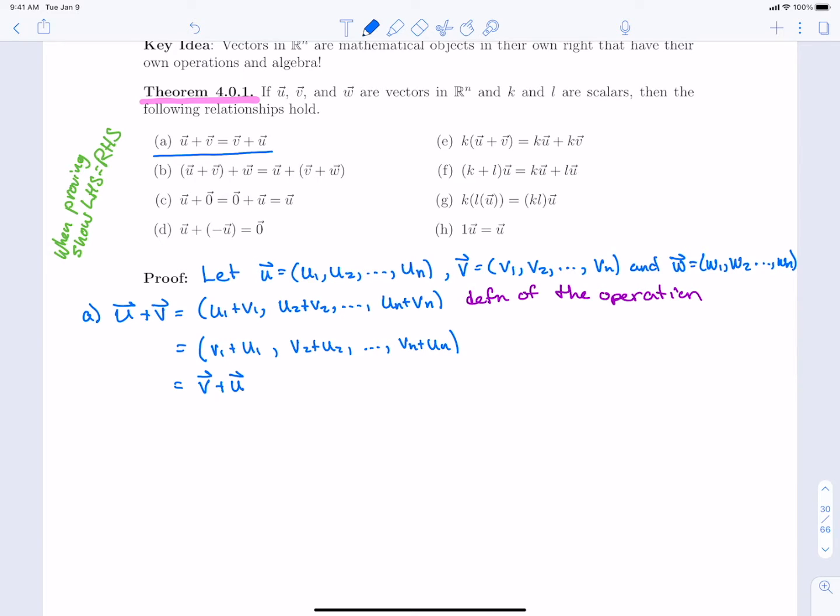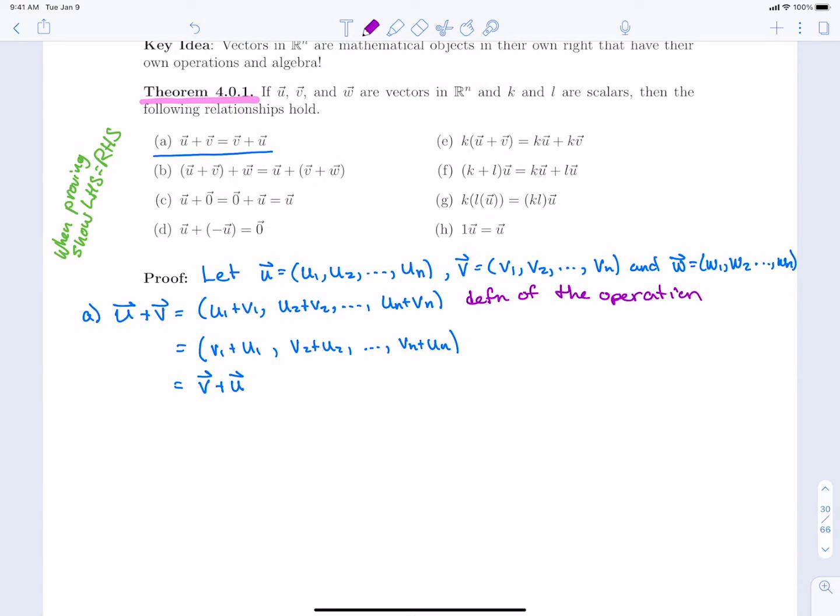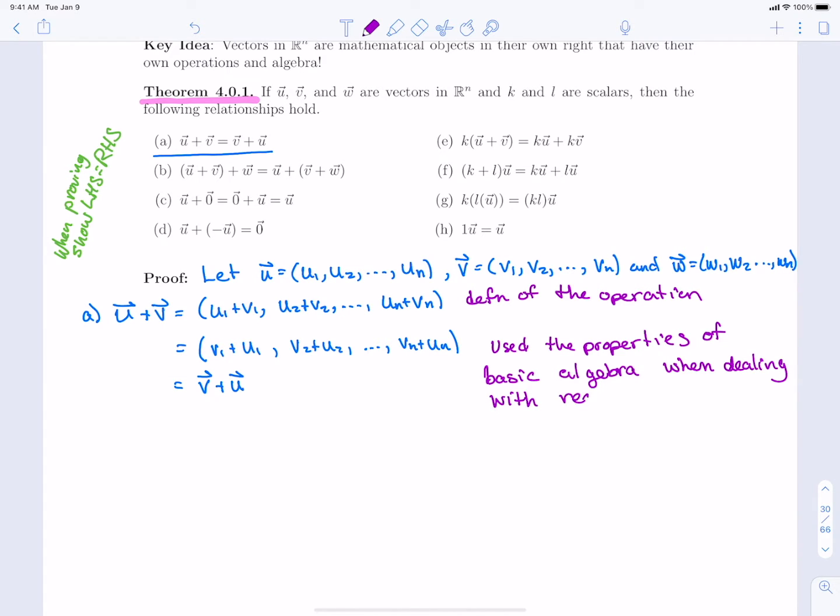So all I've done here was use the properties of basic algebra when dealing with real numbers.